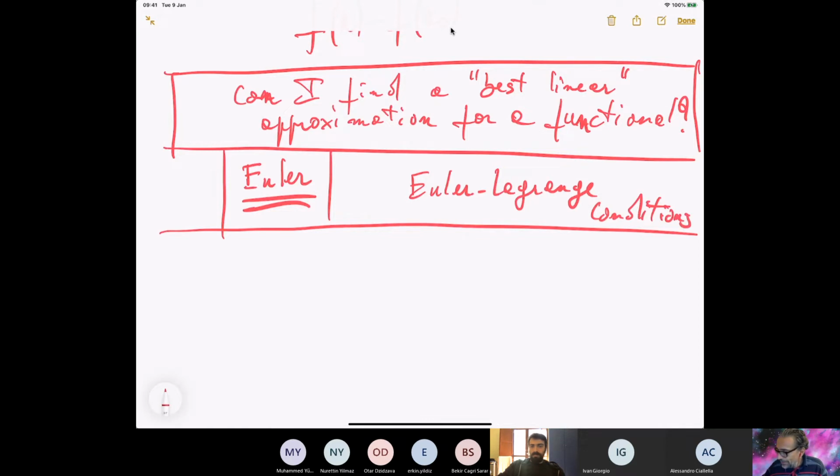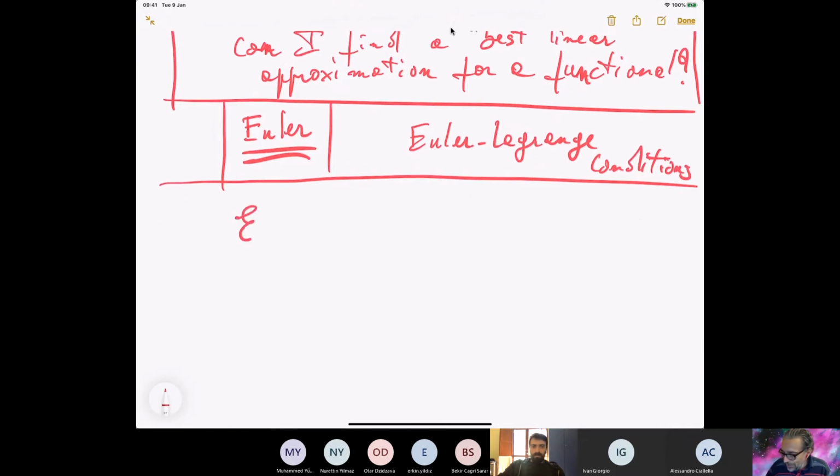Okay. Now, let's go into the technical details. I have the deformation energy written like that.